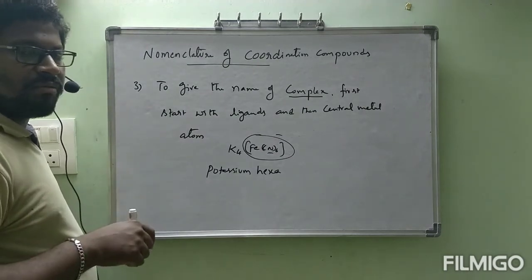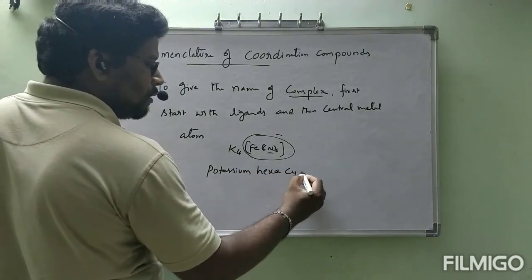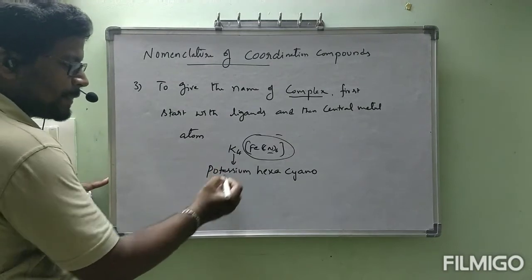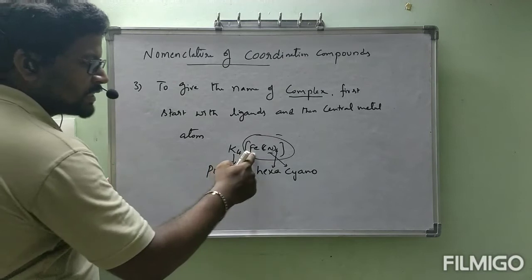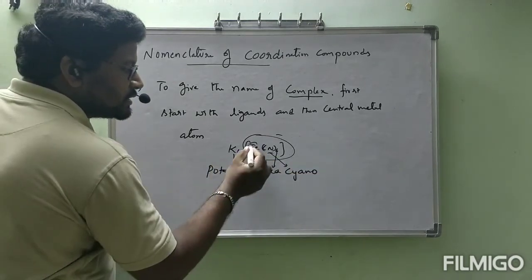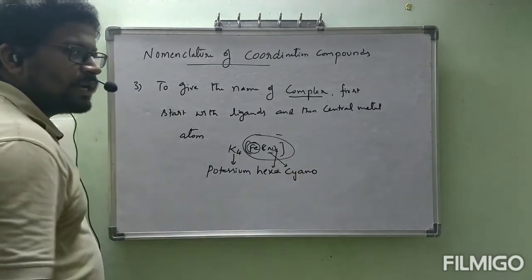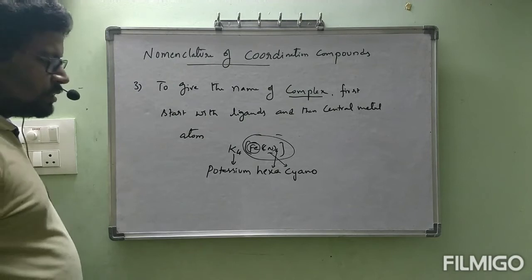Negative ligand means cyano or cyanido. Hexacyano. See, potassium, this one. Hexa, 6. Cyano. Next, the central metal atom name will be coming here. How to write that one? One more rule is there. I will show that one. Now, are you clear?